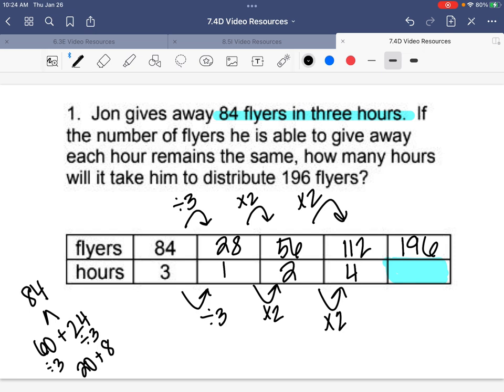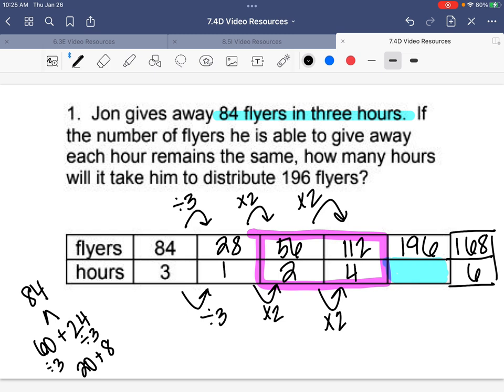And so I see that 2 and 4, so 2 hours he can do 56 flyers, and in 4 hours he can do 112. So I can actually combine those and say, okay, in 6 hours he can do 168 flyers. Which still is not enough, but it gets me closer.